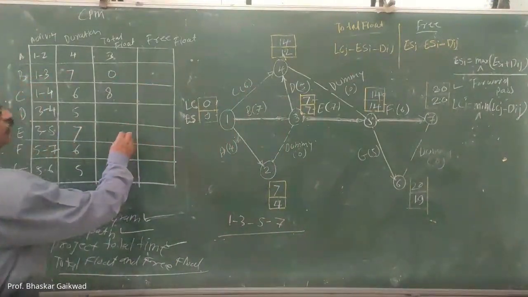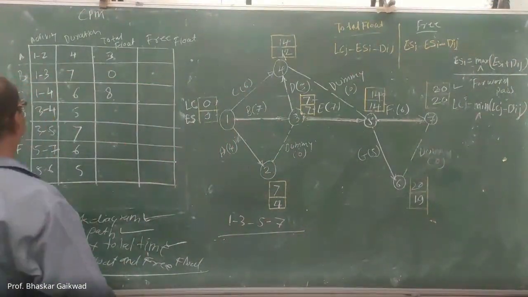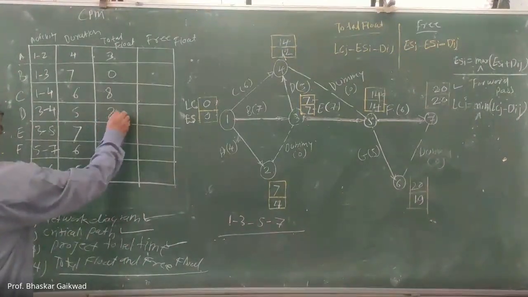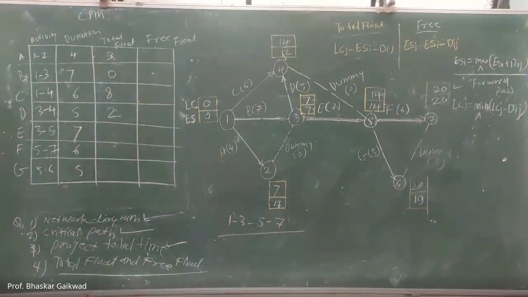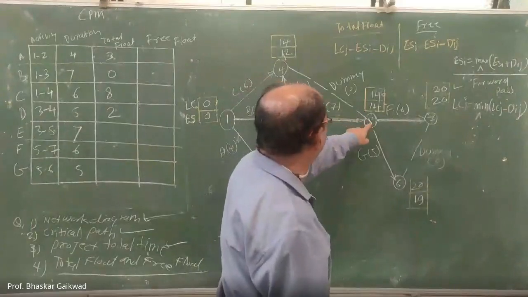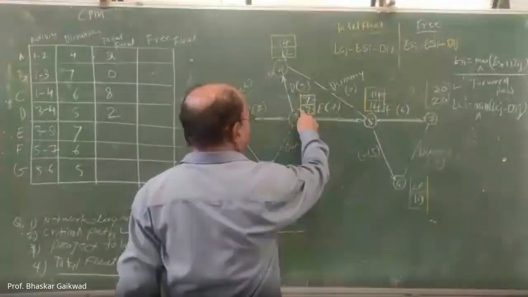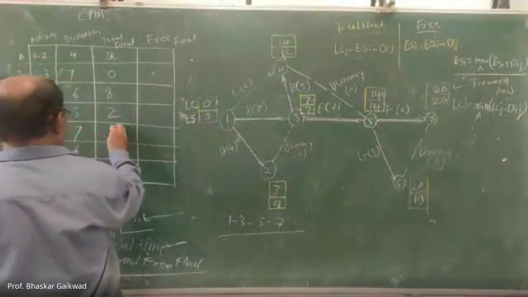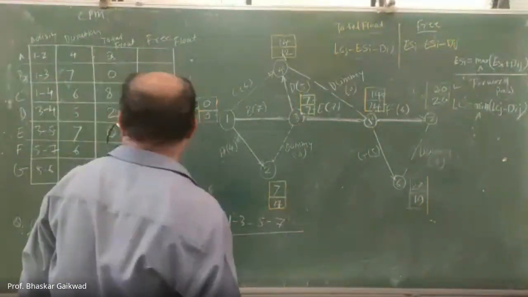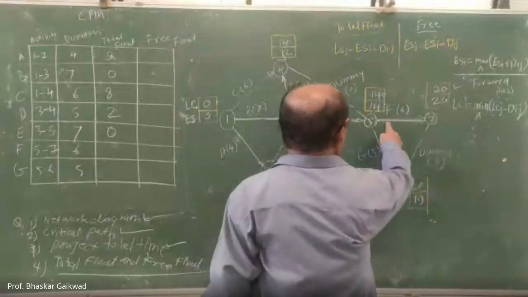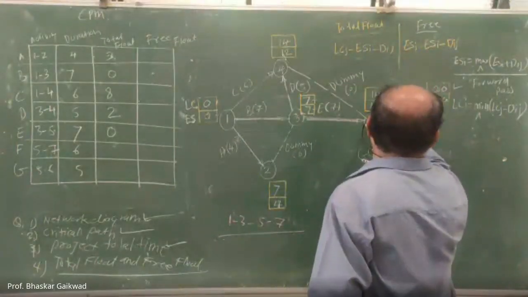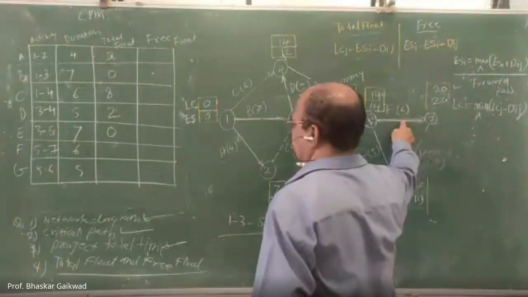So here it is 2, that is 3 to 4 is 2. After that 3 to 5. So here is LC minus this minus duration, 0. Right. 5 to 7: 20 minus 14 minus 6, 0.